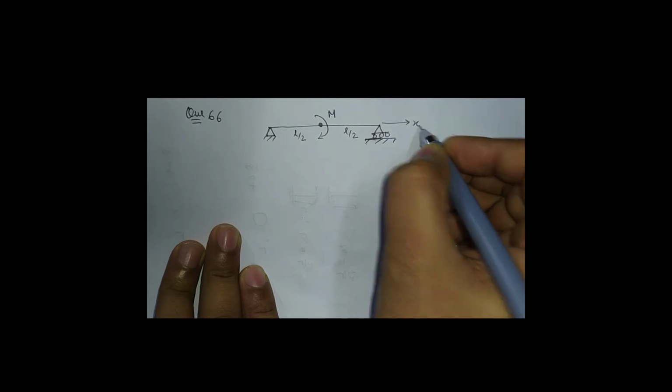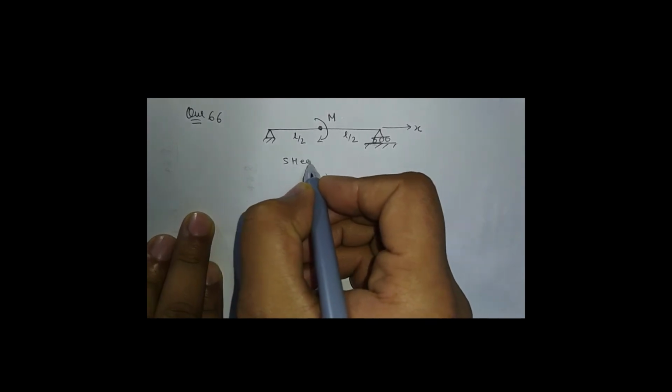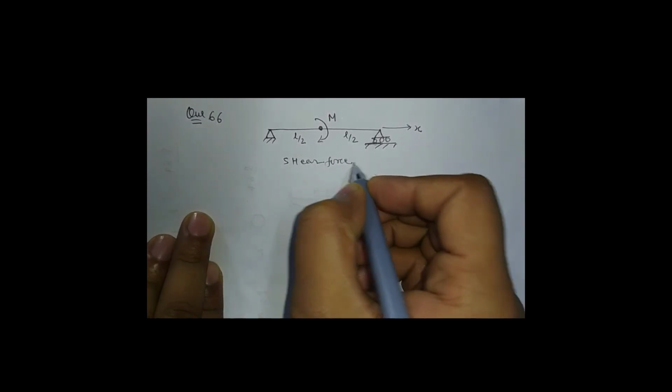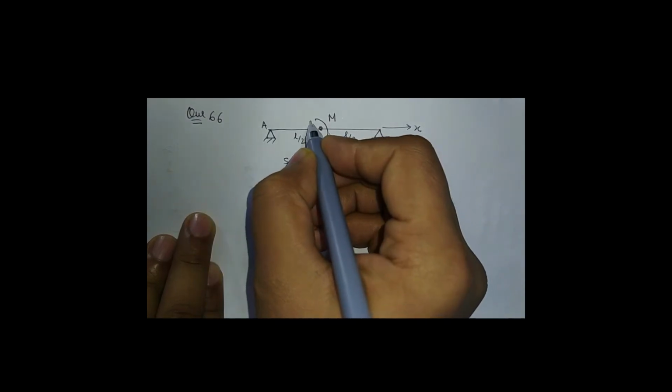This is the axis. Here we have to find the shear force diagram. Let's say A, C and B.